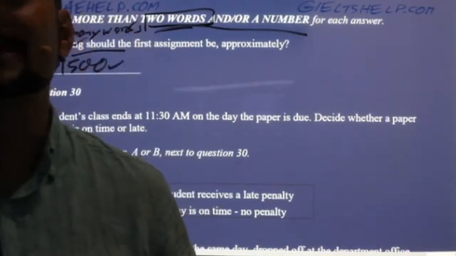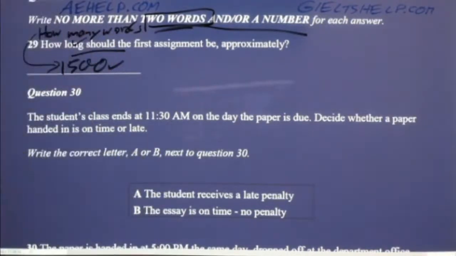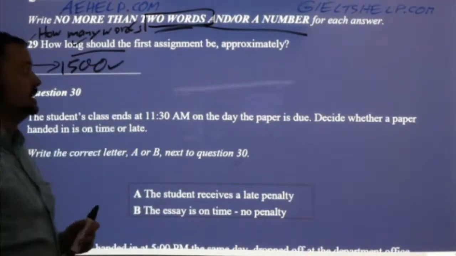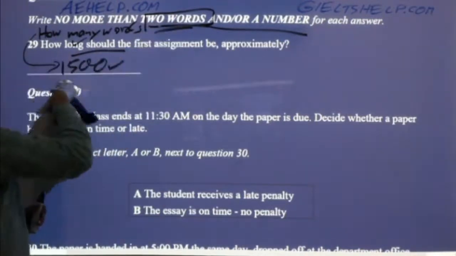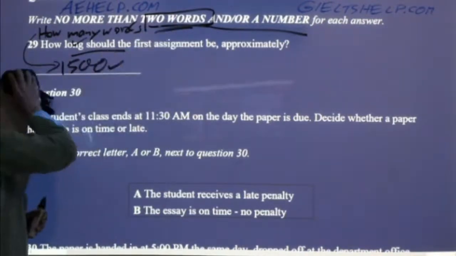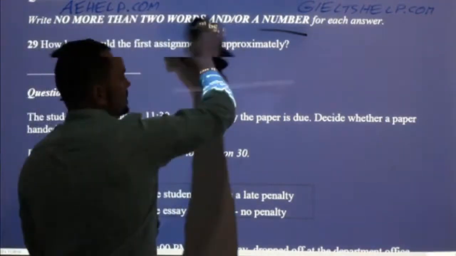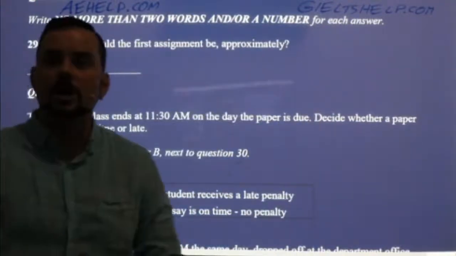This is a live video, yeah. So you need 1,500 words. Yeah, you could write both in this case, if it says 2 words, but if it says 1 word and or a number, then you would only write 1,500, right? So pay really careful attention to details. This is where IELTS is really testing you on a lot of levels, okay?